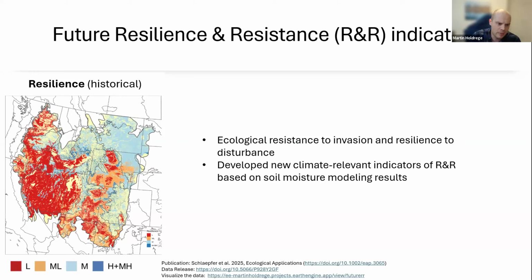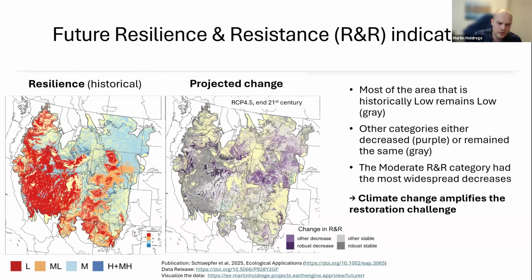And this map here on the left is showing in red areas that have low resilience, and then the cooler colors are showing areas with moderate to higher resilience. And this map here is then showing projected change for one climate scenario as an example. And in gray, you're seeing places where there's not a projected change in resilience.